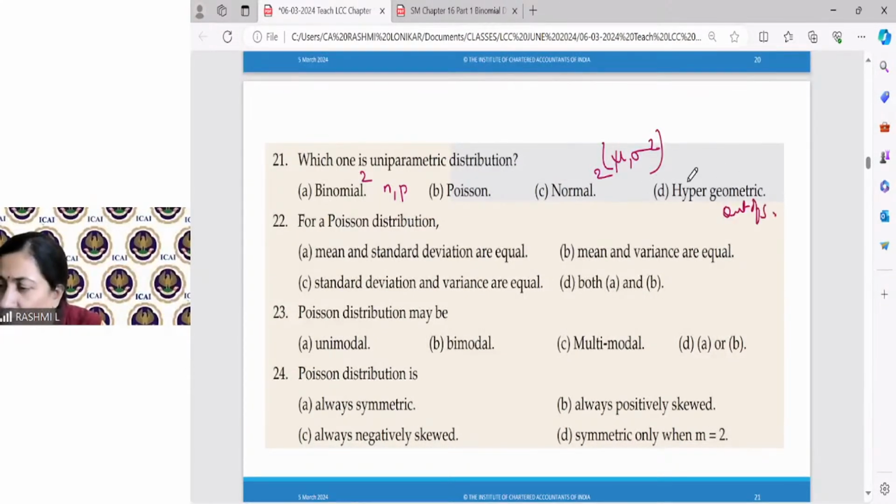Okay, so naturally they won't expect you from this. Now I will see binomial, I know has two parameters n and p. Normal, even though you don't know just now, again has two parameters. So uniparametric is the Poisson. Okay.